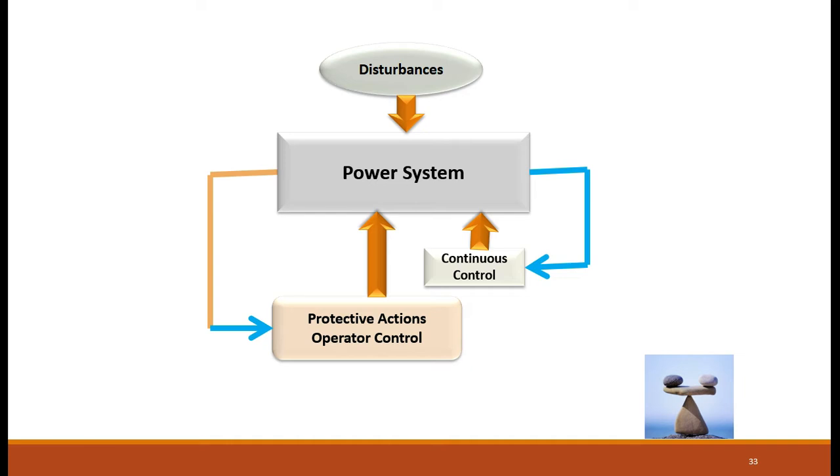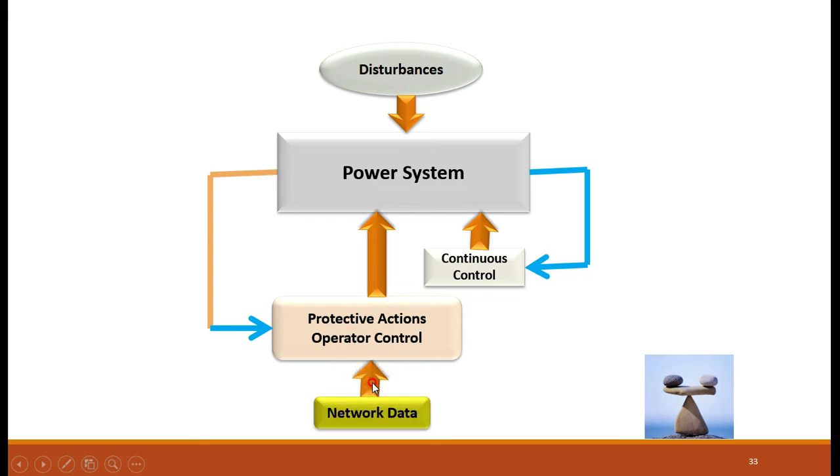Suppose there are very large changes in the system parameters, then the appropriate protective relays sense those abnormalities, and appropriate protective action should be taken so that the system remains in a stable condition.